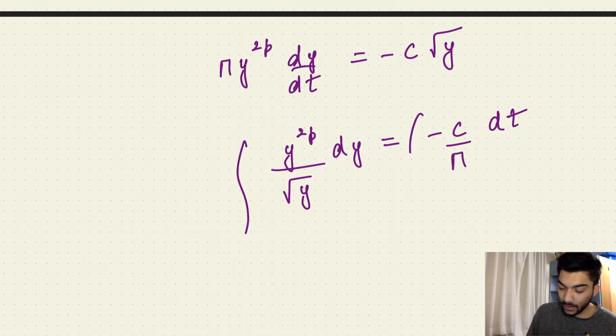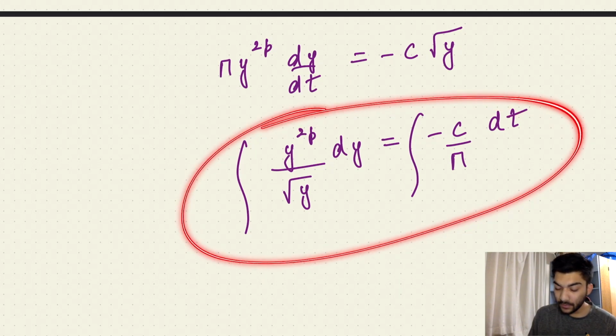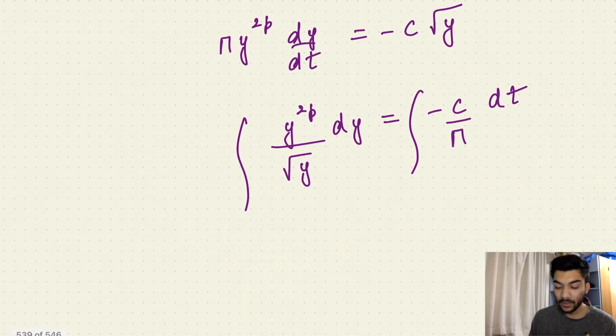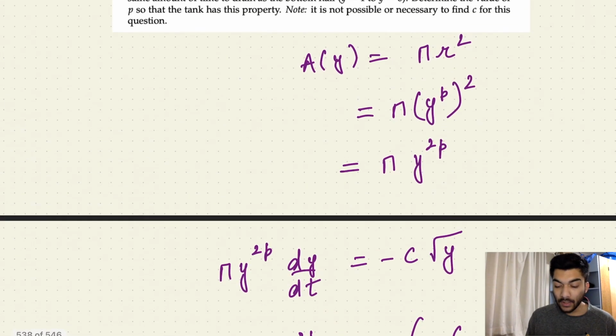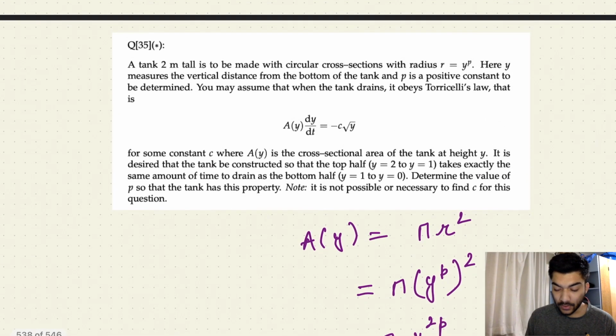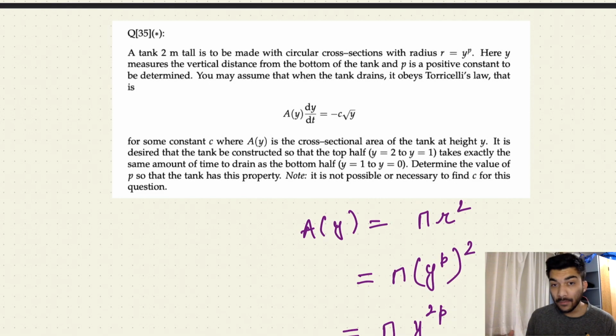And now we can integrate both sides and solve these two indefinite integrals to find the final answer. Since we are calculating indefinite integrals, we'll be adding a constant of integration. To calculate it, you know that when time is equal to 0, your tank is just about to drain, so your y value will be 2 meters.